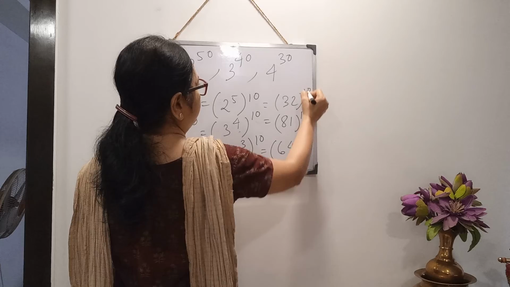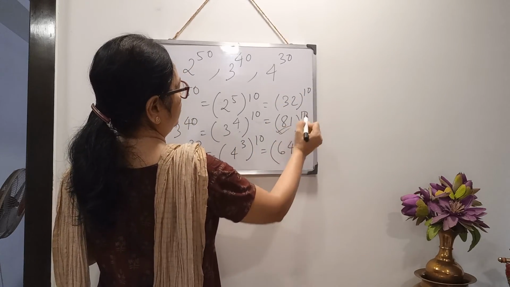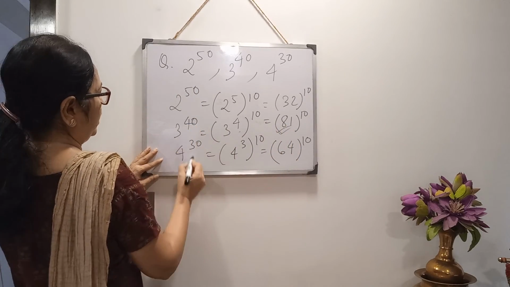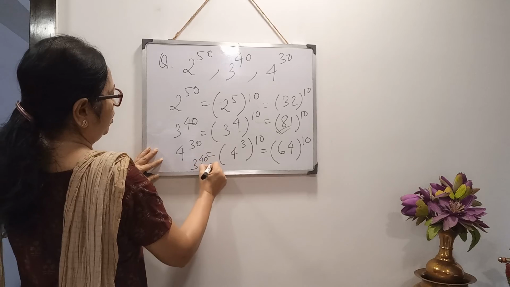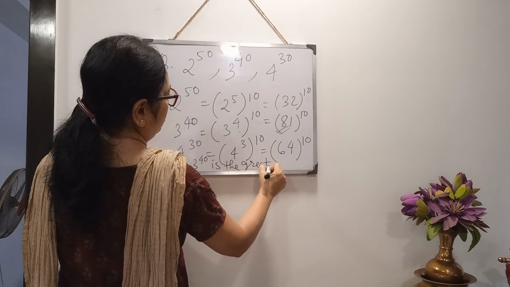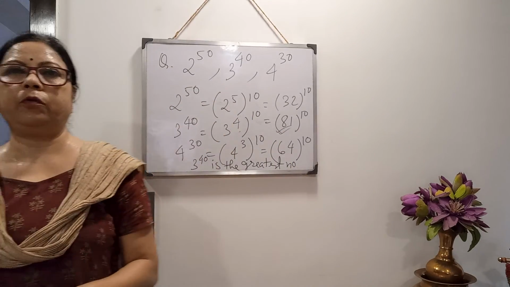Now all the powers are 10. Which one is the greatest? Obviously 81. The corresponding number is 3 to the power 40, so your answer is 3 to the power 40 is the greatest number.